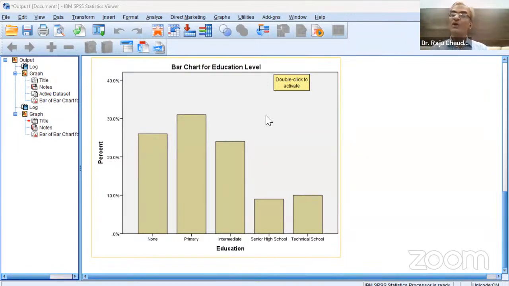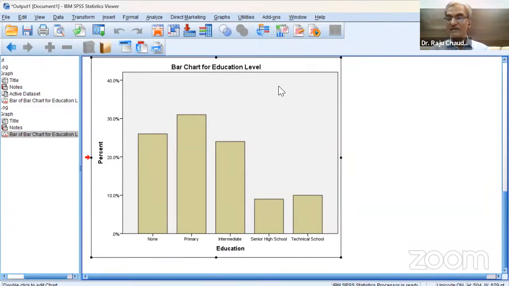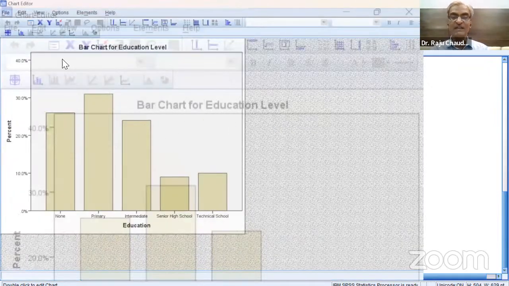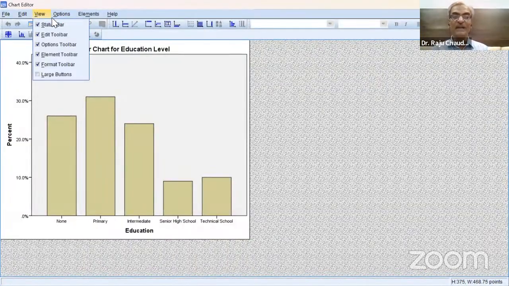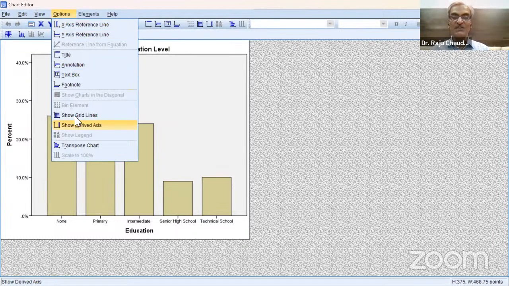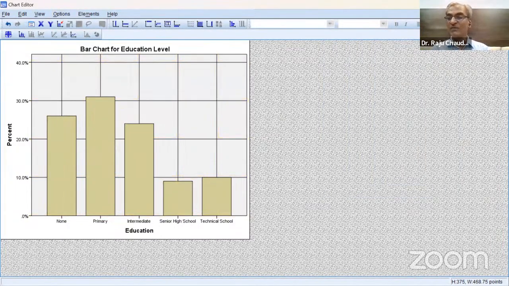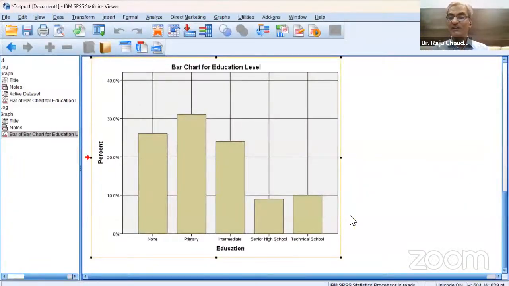If you want to edit the bar chart, you can double click on the chart, and here we have some additional options. You can change, annotate, and add grid lines. Look at this, you can add the grid lines, and once you close this, it will show the grid lines.